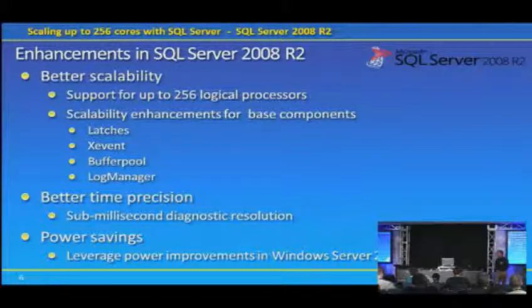So there is a capability that was exposed in Windows Server 2008 R2 that allows us to have a user mode counter, basically. And so now we can do time granularity and scheduling without ever going to kernel mode, without going to ring 0, which doesn't seem like that big of a deal, but we got about a 20% savings in power utilization, which is wild when you think about it. It just shows how sensitive those ring transitions are if you're doing it on a regular basis.